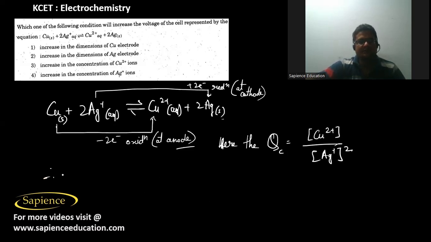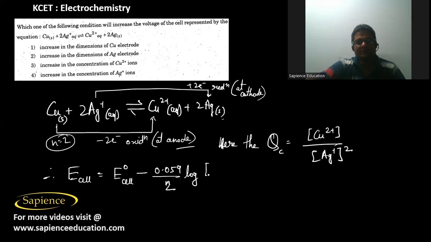Therefore the EMF of the cell, E cell, equals the standard EMF, E naught cell, minus 0.059 by n log QC. Here n is 2, since 2 electrons are involved, and QC is the concentration of Cu2 plus divided by the concentration of silver ion whole square.